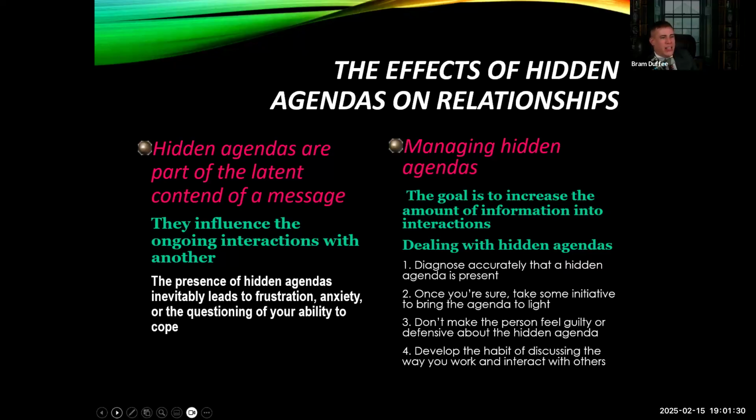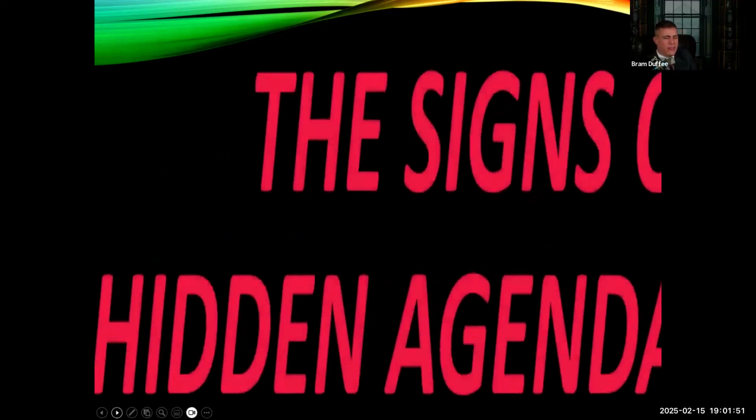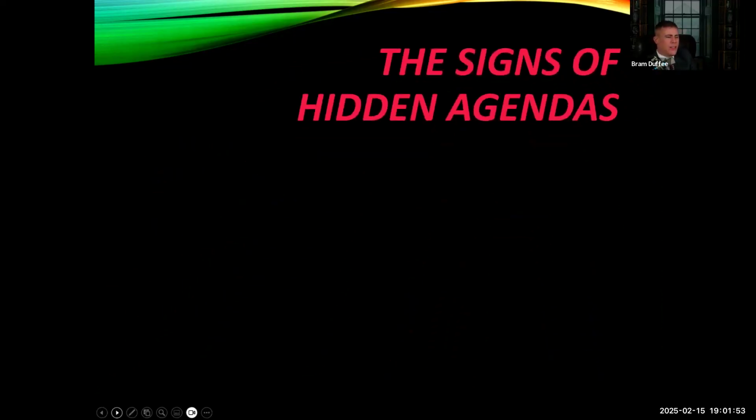And if you think about all the kinds of situations that you might be in with a team environment or in a relationship environment, you are with folks that you're sharing the same goals with, but are you really, right? So these are things that we want to be ready to address. The signs of hidden agendas.